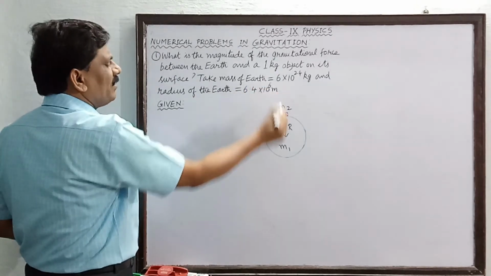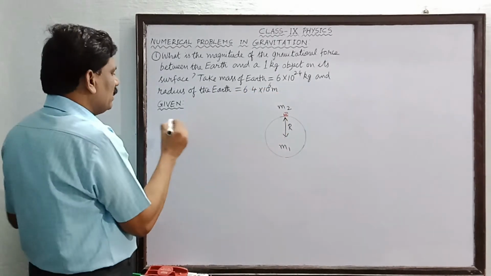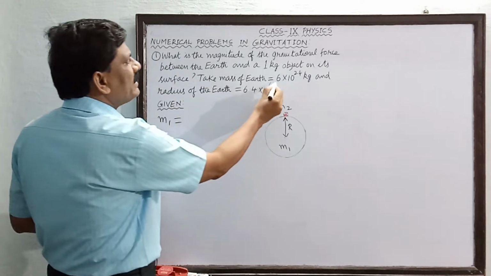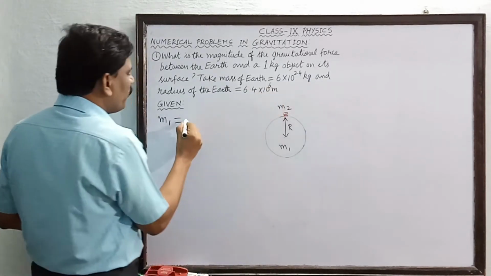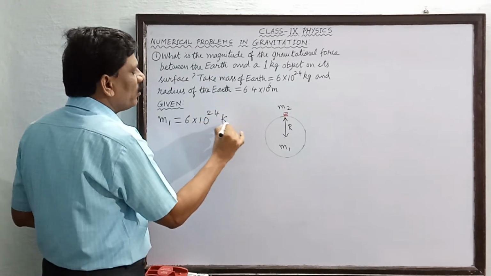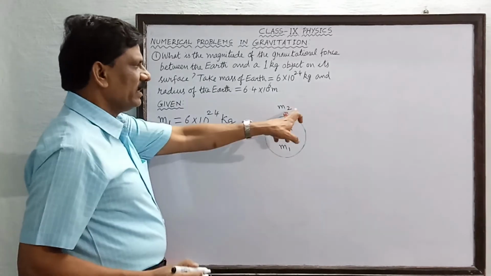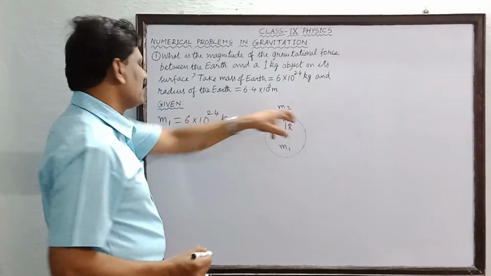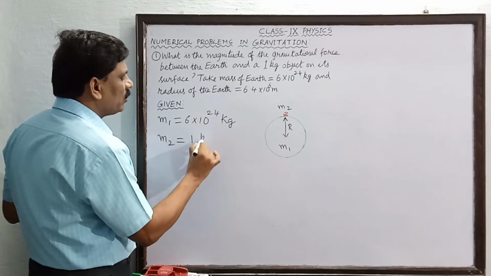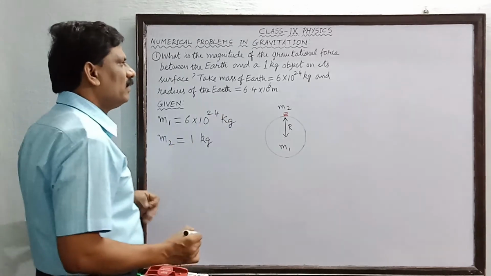Okay, now whatever quantities are given I am going to summarize. So first, mass of the earth we have taken the symbol m1. So m1 is equal to 6 into 10 power 24 kilogram. Then mass m2 kept on the surface of the earth is m2 equal to 1 kilogram.